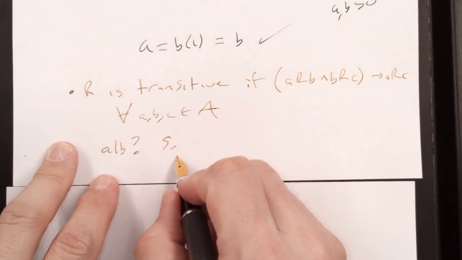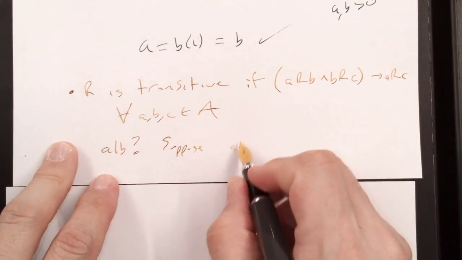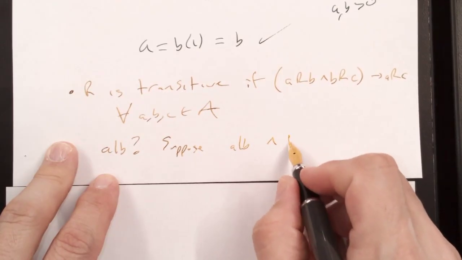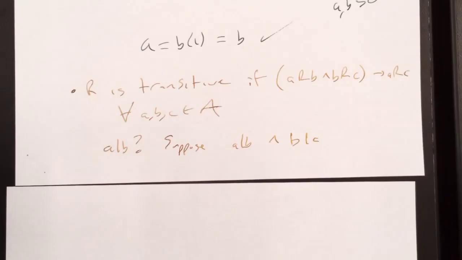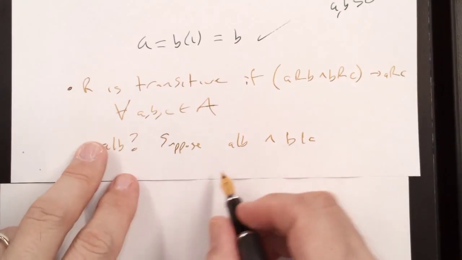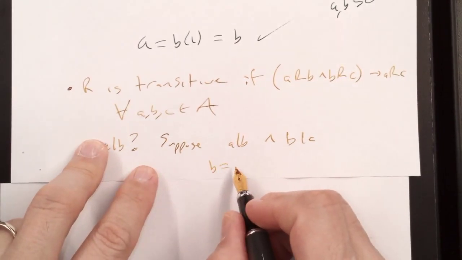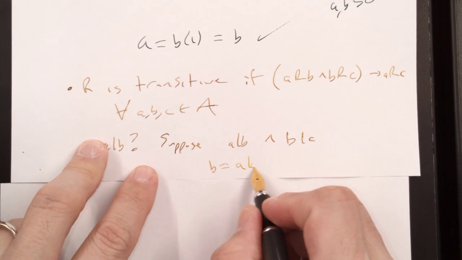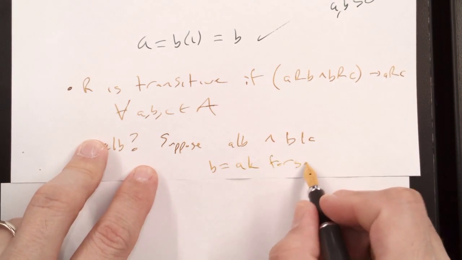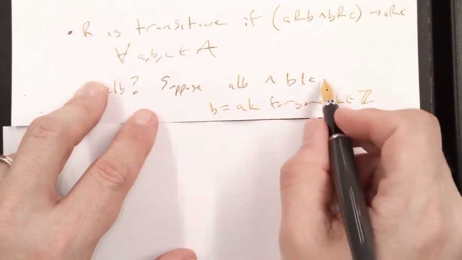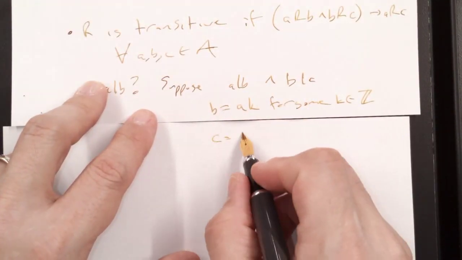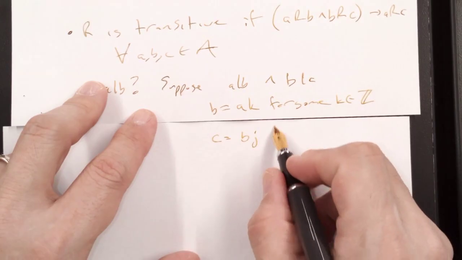Suppose A divides B and B divides C. My goal is to show that A goes into C. So let's use the definition. A divides B means B can be equal to A times something. And B goes into C means C can be written as B times something.